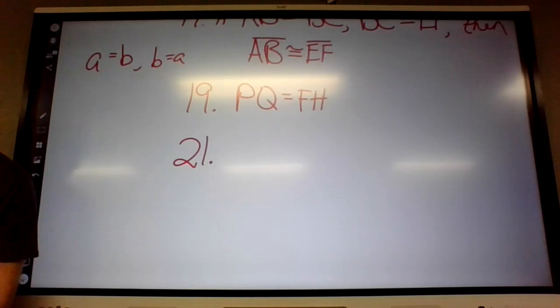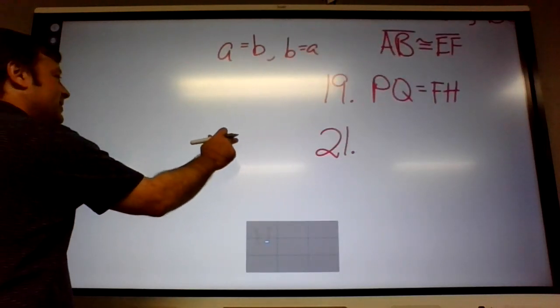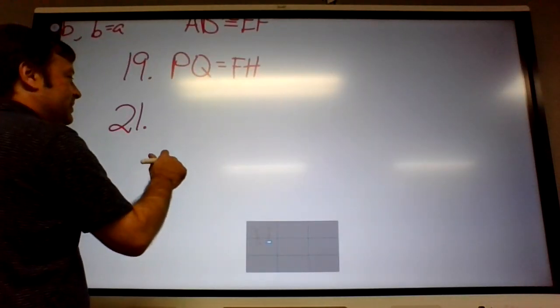This is like the 4th time we've seen definition of between. If JK plus KL equals JL, then what does that mean? It means K is in the middle.